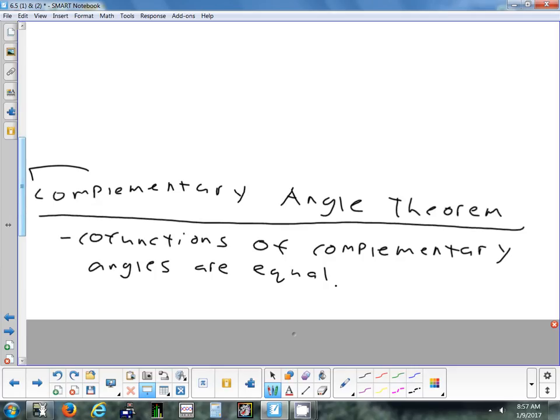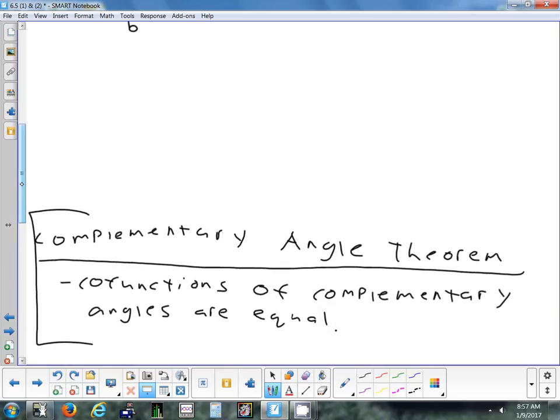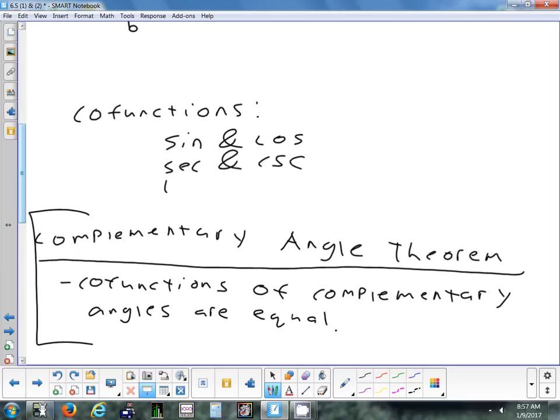And this idea, we already kind of looked at a little bit with the 30 and the 60. We didn't actually prove it, and I'm not going to really go through the proof right now, but I showed you an example of it with the 30 and the 60. If you take cofunctions, so cofunctions are like sine, cosine, secant, cosecant, tangent, cotangent.